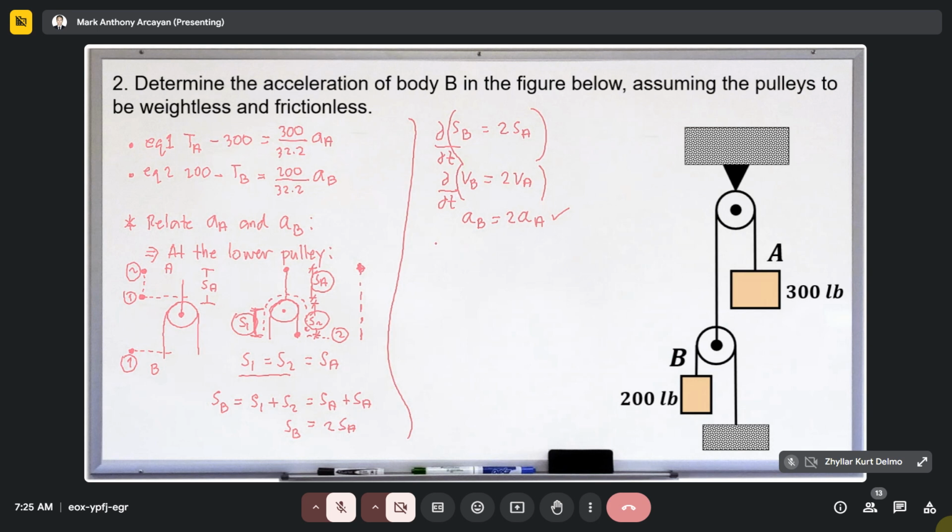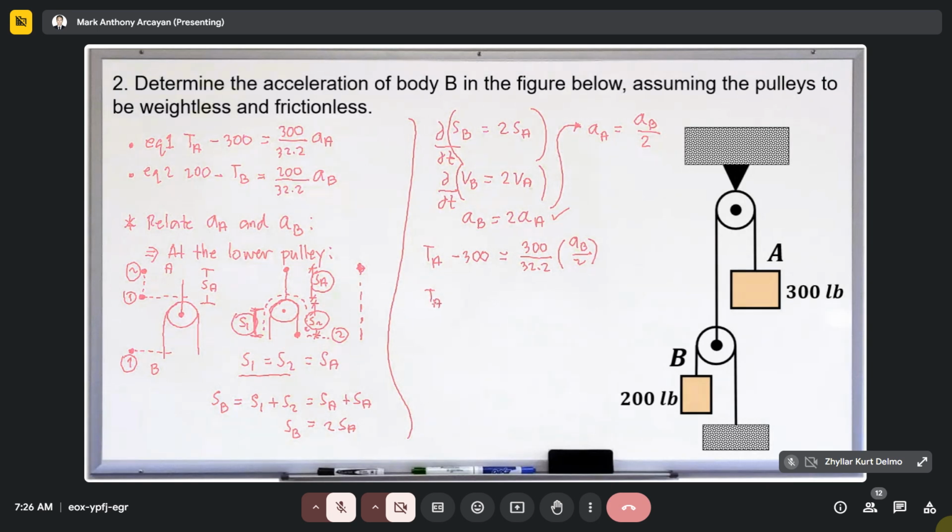Now, our two equations will now become TA minus 300 is equal to 300 over 32.2. And then, since the problem requires us to solve for AB, then we're going to modify this one. Like, we're going to substitute the acceleration of A to be half of that of B. We're going to substitute here AB over 2.